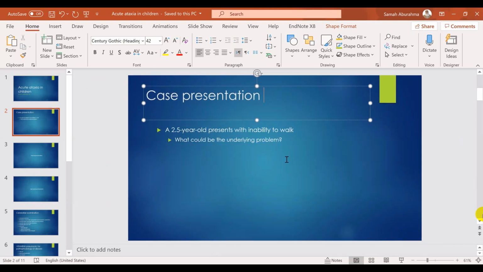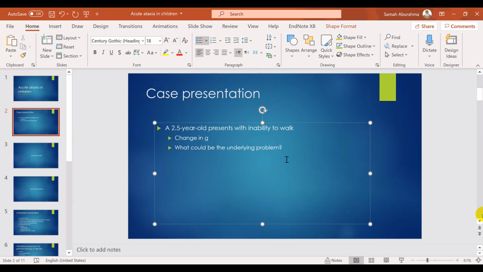Okay. So what happens is they present with, for example, change in gait, right? Abnormal gait. They may present with dysmetria, where you try to give him something and he can't reach out his hand. But dysmetria is not commonly a presentation. Dysmetria is something that we usually pick up on examination, and parents will not usually complain of dysmetria in a 2.5-year-old.